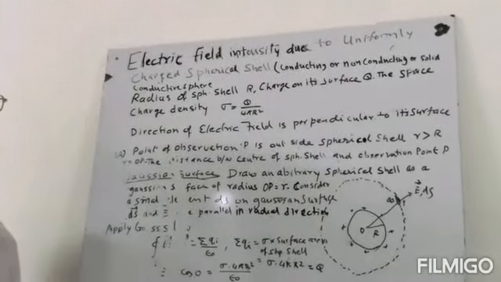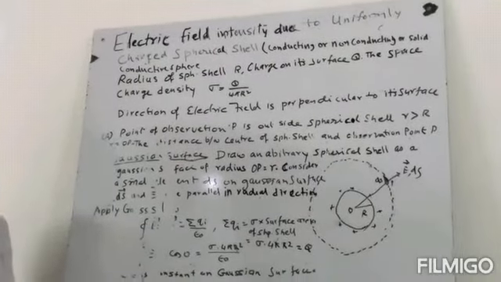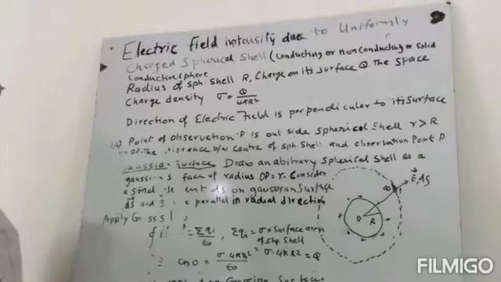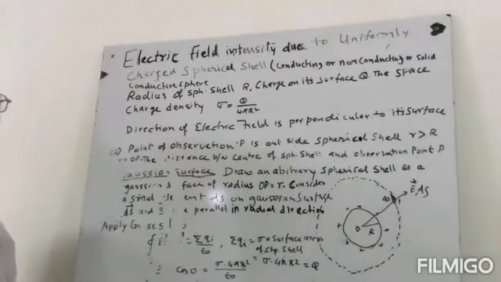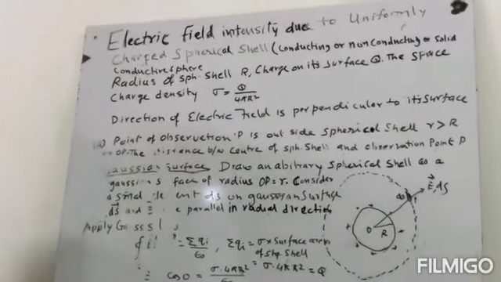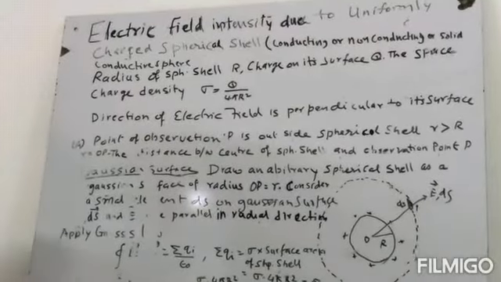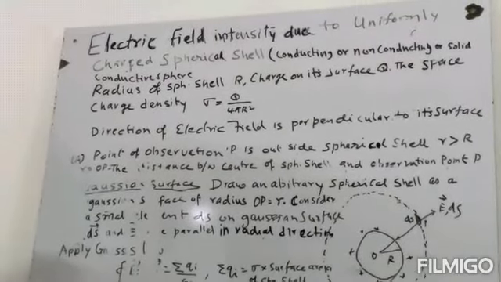Therefore, the free electrons will move and constitute a current, which is not possible. So the direction of the electrical field is always normal to the surface.